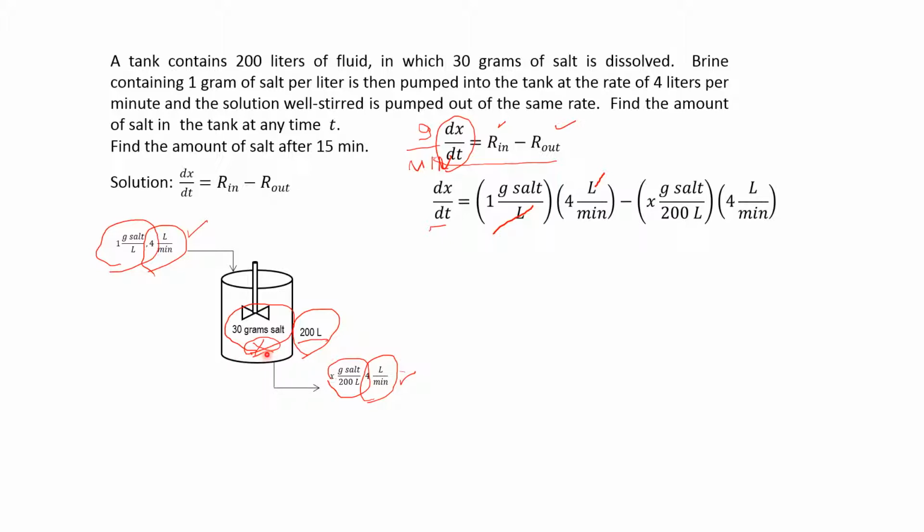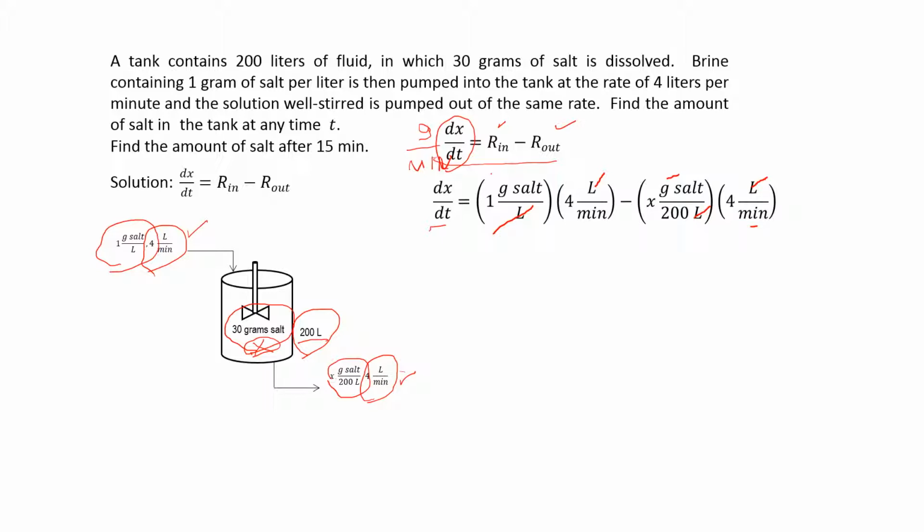Then subtract the amount of salt going out. The amount of salt in the tank at any time is X, so the concentration of salt in the tank is X divided by its volume, which is always constant, X over 200, multiplied by the amount that is coming out, 4 liters per minute. The liters will cancel out, and the unit will still be in grams per minute.